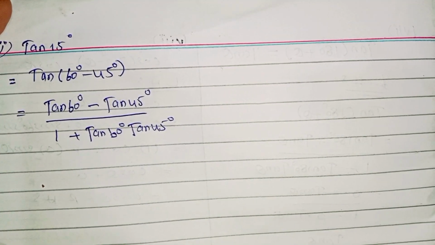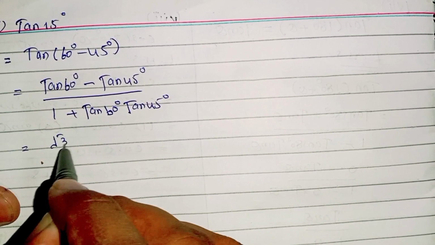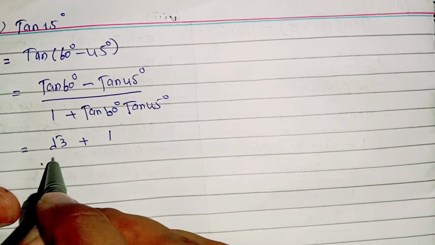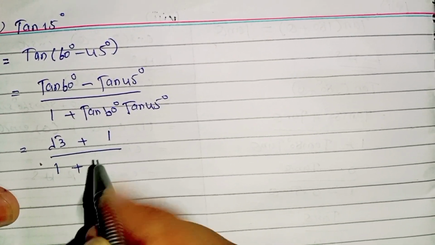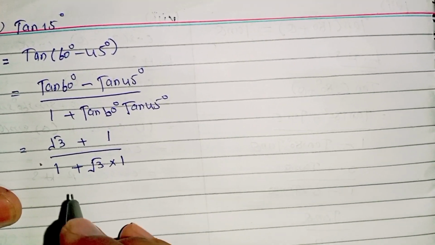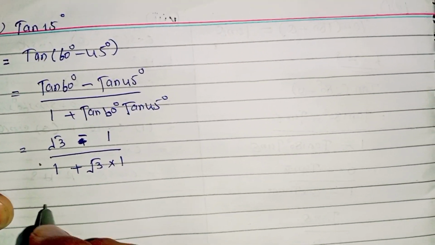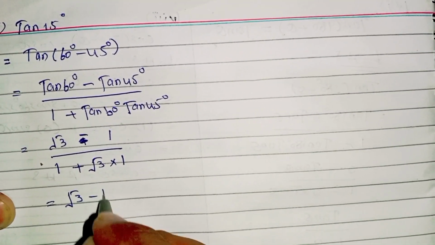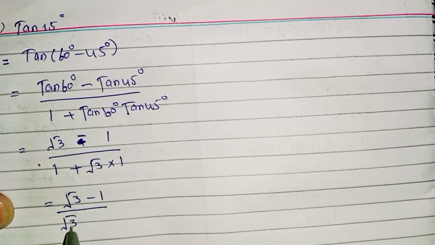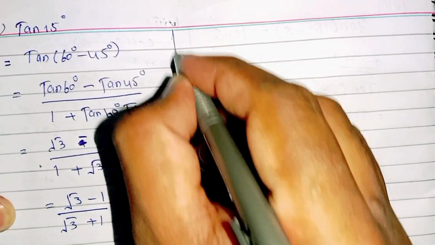We know that tan 60 degree is equal to square root 3 and tan 45 degree is equal to 1. So we have 1 plus square root 3 multiplied by 1 in the denominator. Sorry, here we have a negative sign. So we have under root 3 minus 1 over square root 3 plus 1, which is the required answer of tan 15 degree.